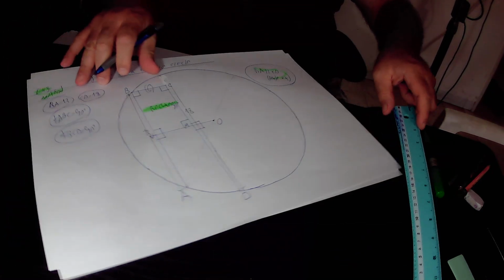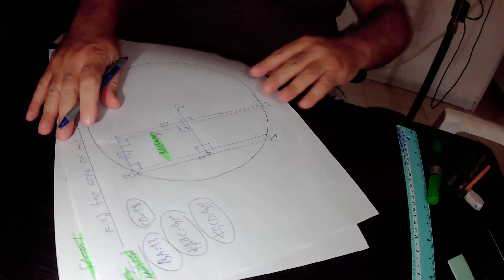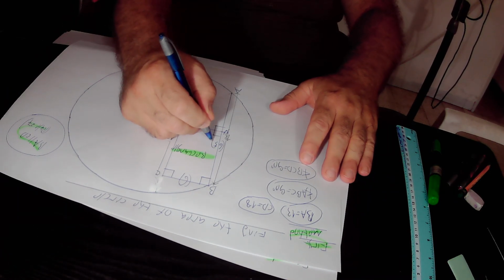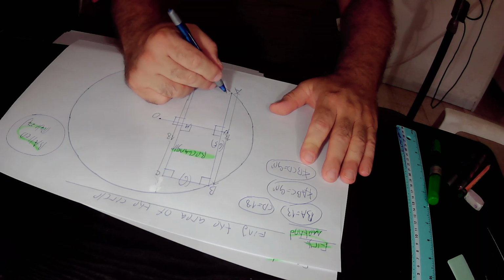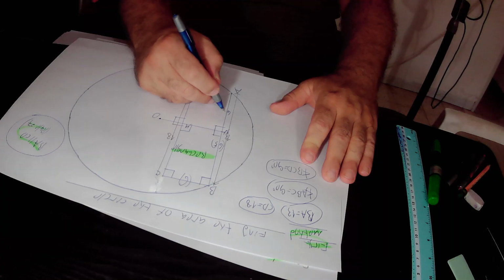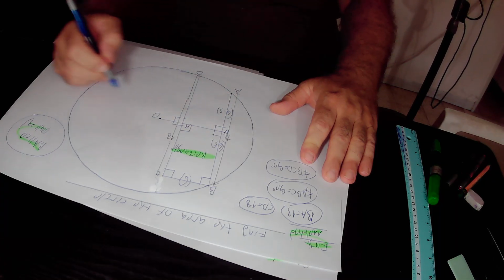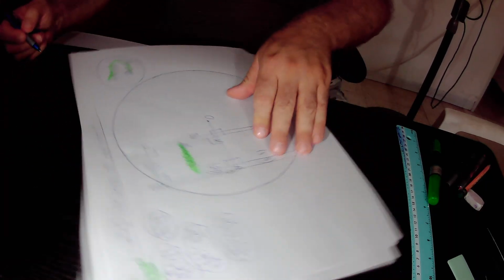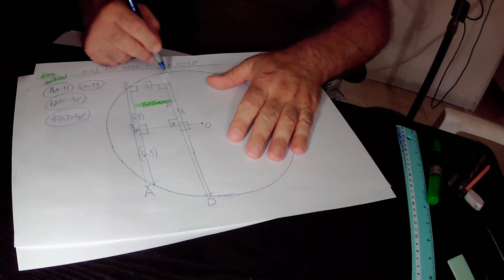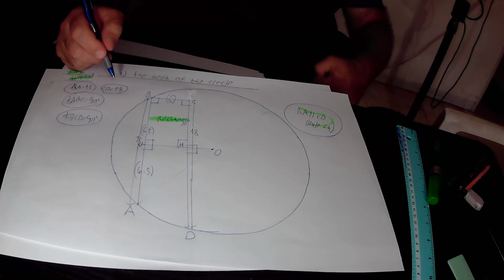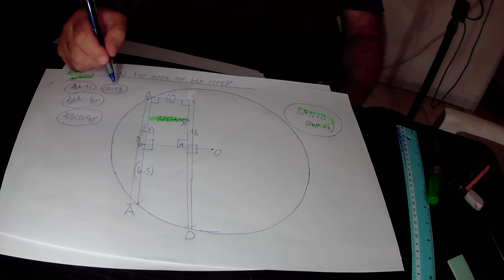So the first half BN equals 6.5 units in its length, and the second half NA must also be equal to 6.5 units in its length. We already found out that quadrilateral BCMN is a rectangle, and we also know that the opposite sides of a rectangle are equal to each other.